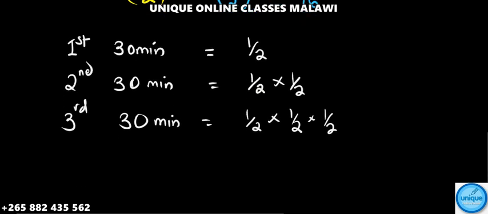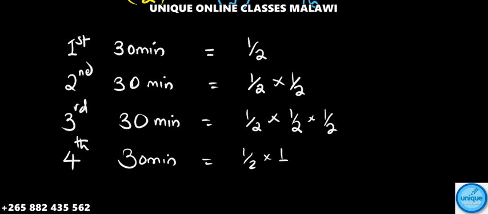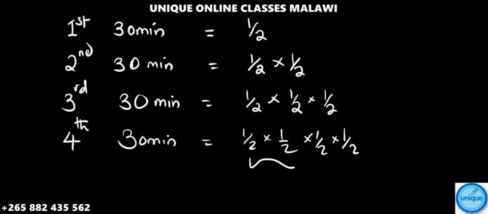And the fourth 30 minutes, here we're going to have 1/2 multiplied by 1/2 multiplied by 1/2 multiplied by 1/2. You see? And if we multiply the numerators we get 1, and the denominators 2 times 2 is 4, times 2 is 8, times 2 is 16.